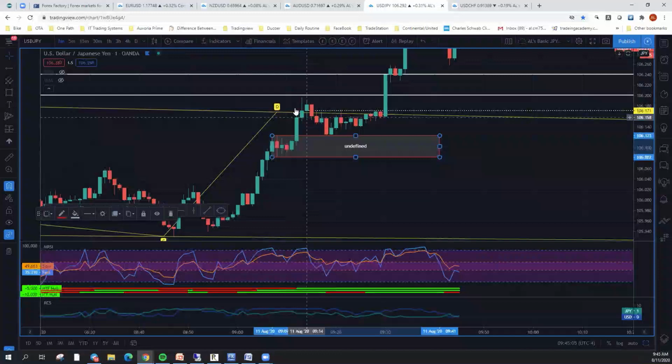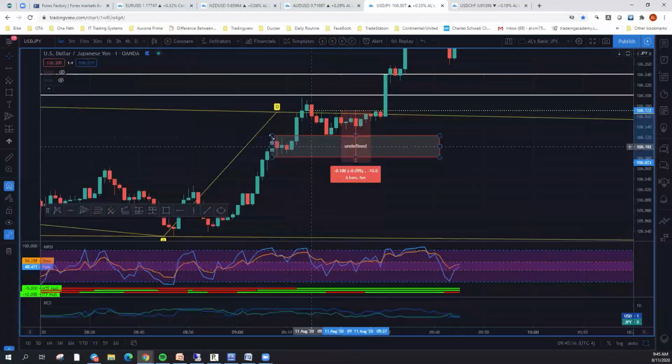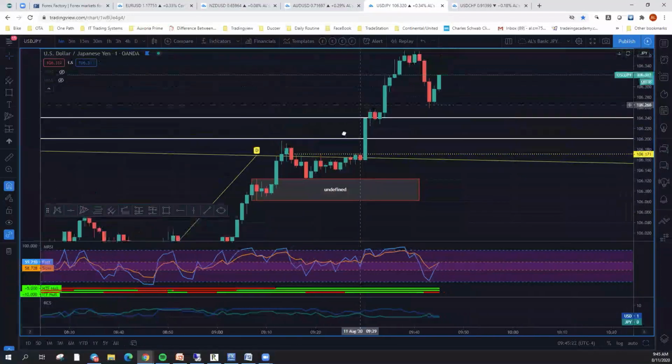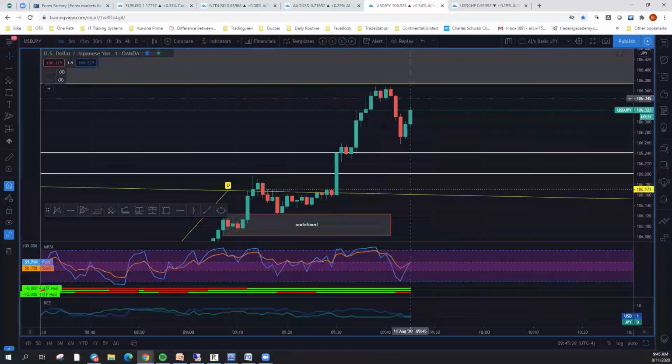Where's my stop? If I got in right here, there's my 9 pip stop at the bottom of this. I'd probably give it 10 pips in this particular case. It came back up, went back into the wedge, blue candle followed by red candle, big blue candle. Then you're off and running. I don't know, does that answer your question?